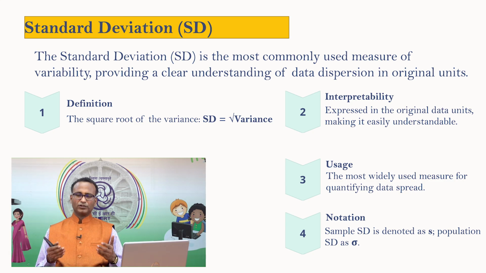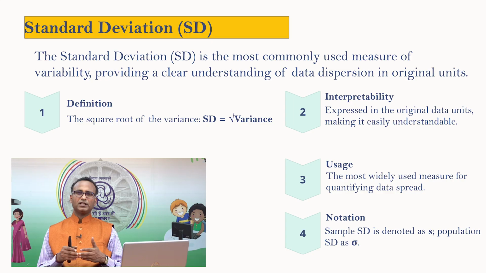When you study the t test and f test, you will find the use of the mean and standard deviation, because these are very robust. Let me say more about the standard deviation. The standard deviation is the most commonly used measure of variability, because it provides a clear understanding of the data and how it varies from the mean, the central point.